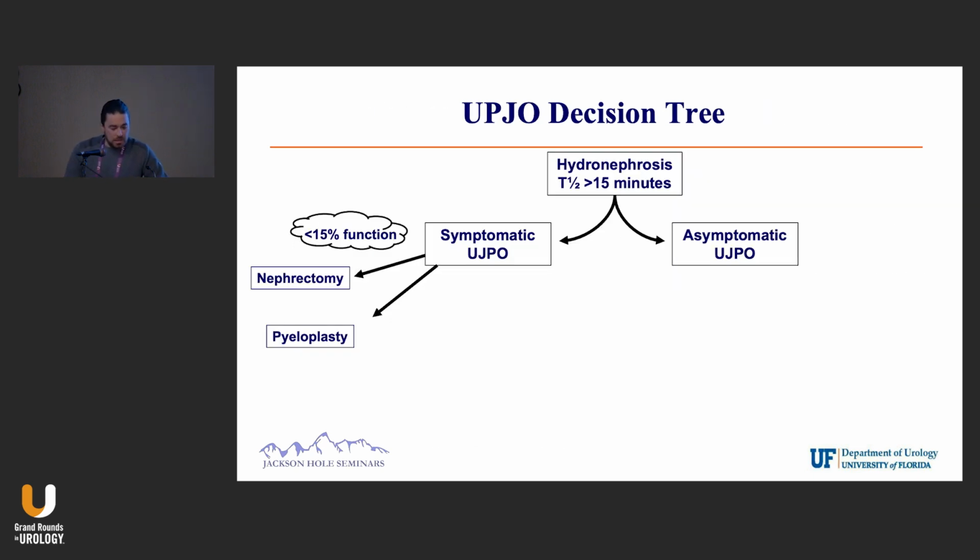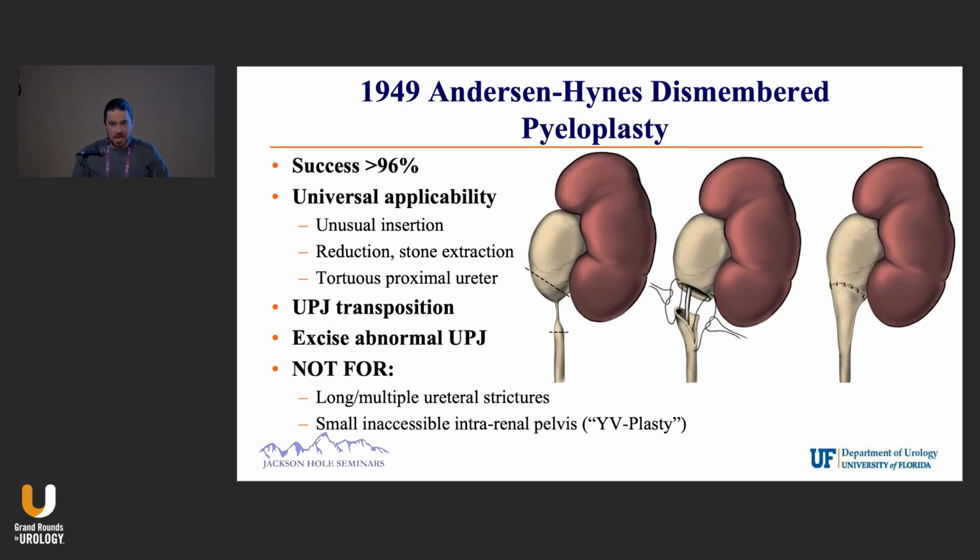Okay, so moving to pyeloplasty, I thought I would be remiss if I didn't put a picture up here of the Anderson-Hynes dismembered pyeloplasty, the tried and true, how we love it, let me count the ways, right? It is so successful mainly because of its universal applicability.